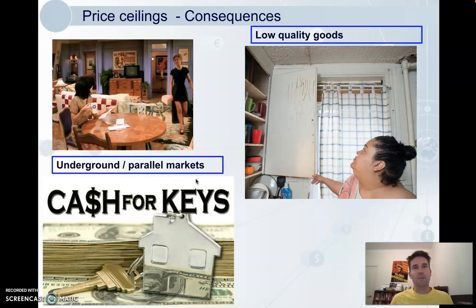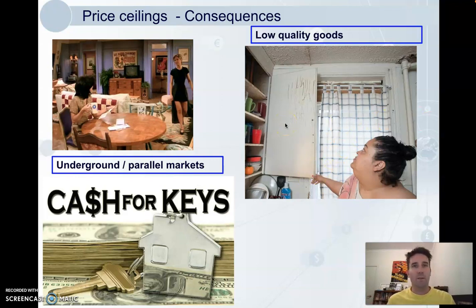So how this has worked in practice, landlords break the law. They ask tenants for more rent than is allowed, or they invent charges such as a key fee. And that was a fee for receiving the key. So it's not part of your rent technically, but you might pay thousands of dollars to actually get the key to your apartment. That's not rent.